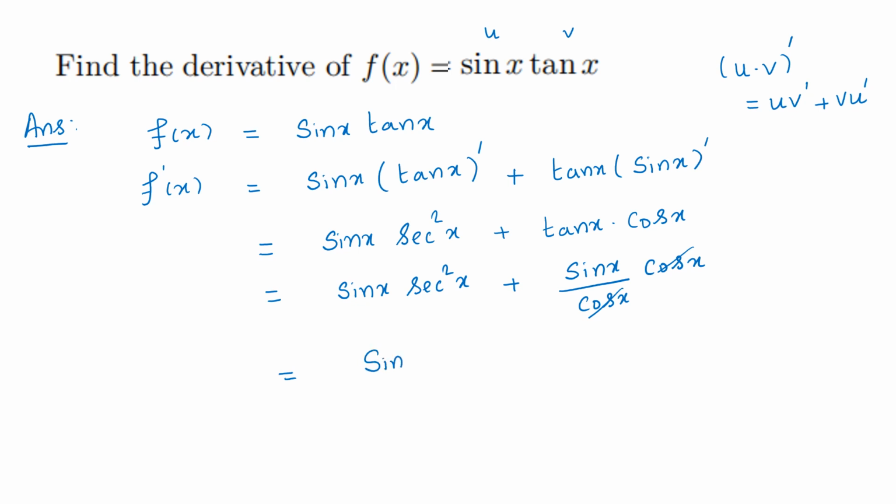Sin x sec square x plus sin x. So what is the common term here? Sin x is available in both the terms. I can take sin x outside. Remaining is sec square x plus 1.